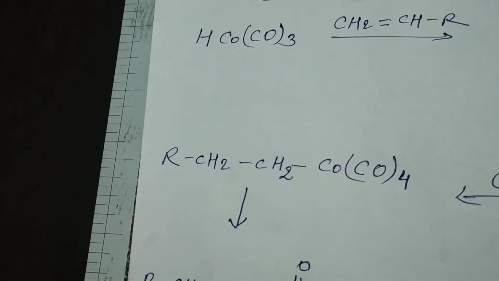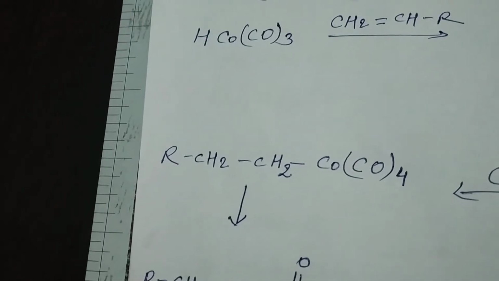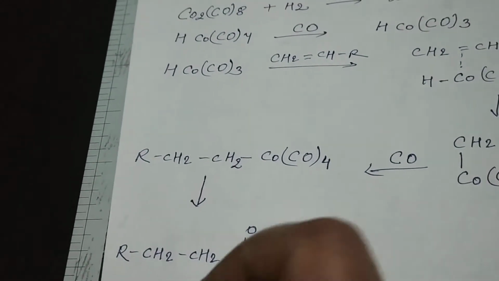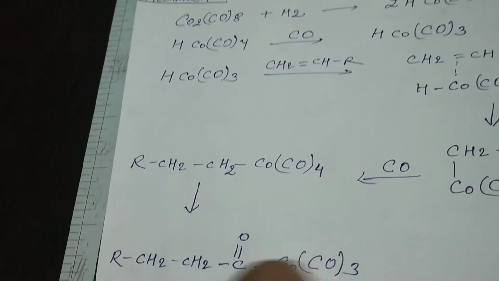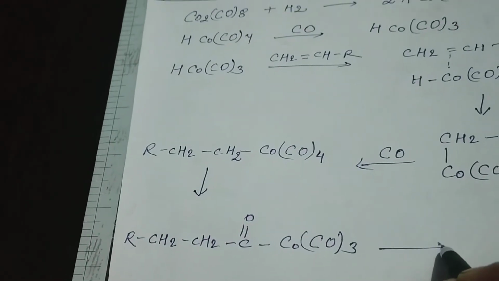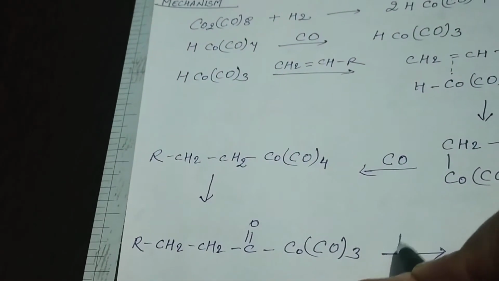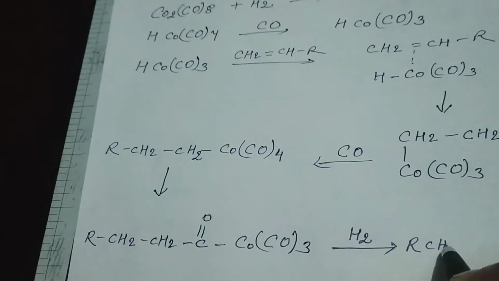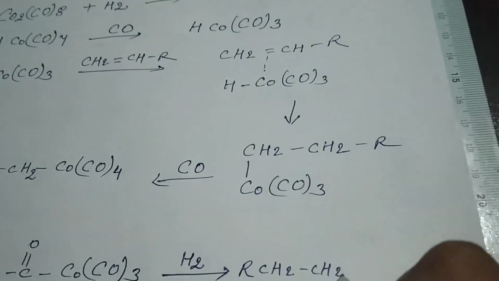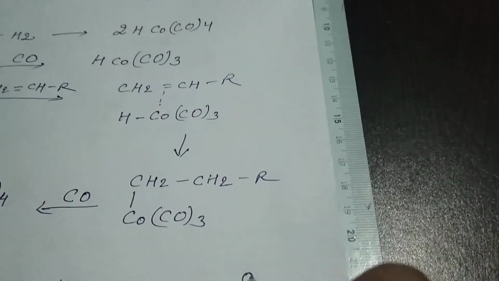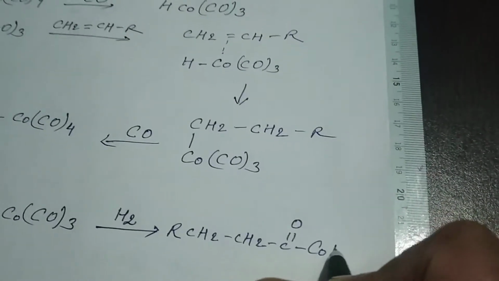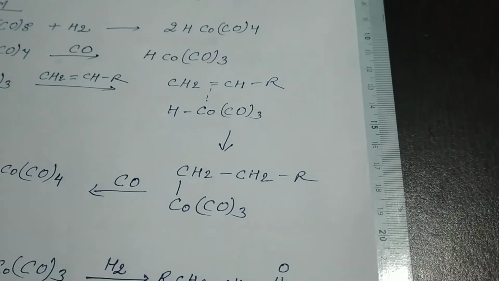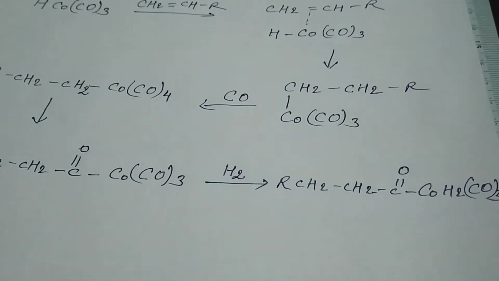And now it becomes Co(CO)3, forming the acyl derivative of cobalt. It reacts with hydrogen, forming RCH2CH2CO-CoH2(CO)3.